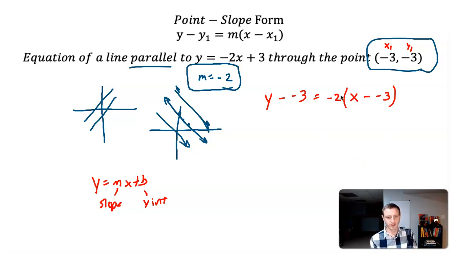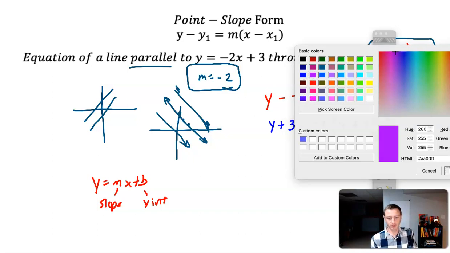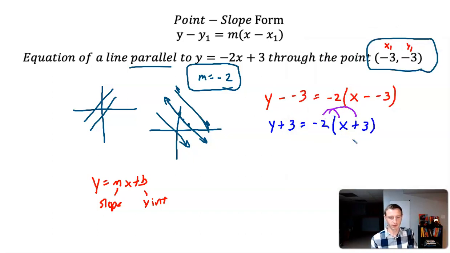So let's rewrite some things and clean this up a little bit. We have y minus a -3, which is y plus 3, equals -2 times x plus 3. Again, minus a -3 is really plus 3. And then now it's just a solving exercise. So I'm going to distribute the -2 into the parentheses.